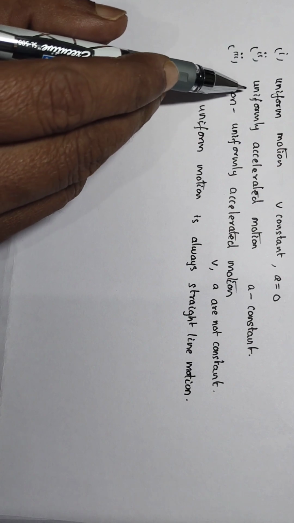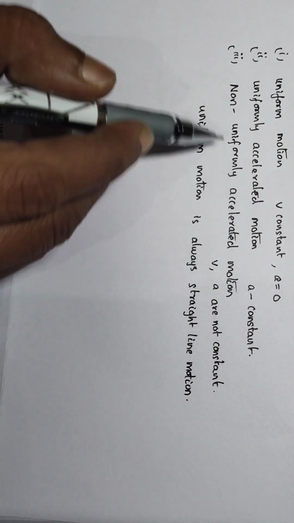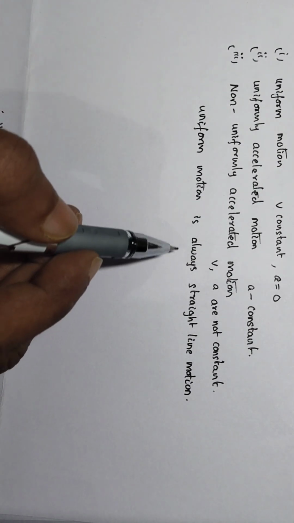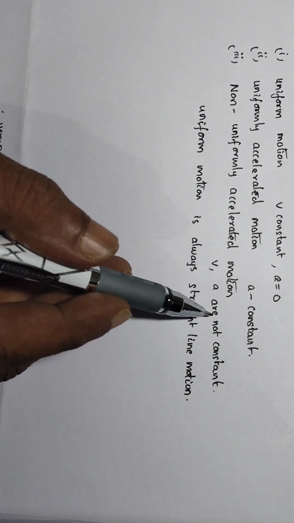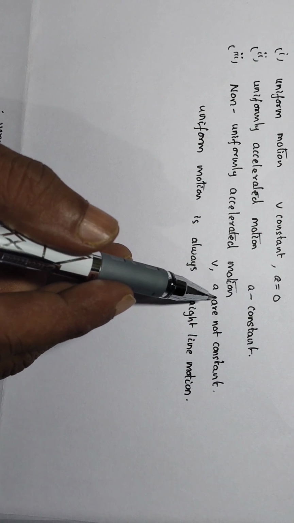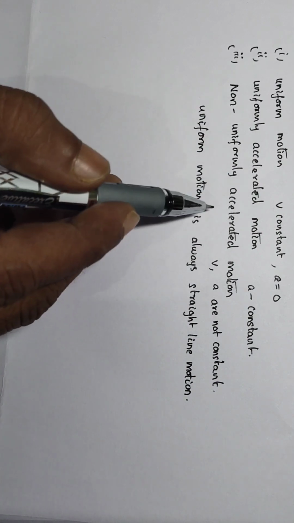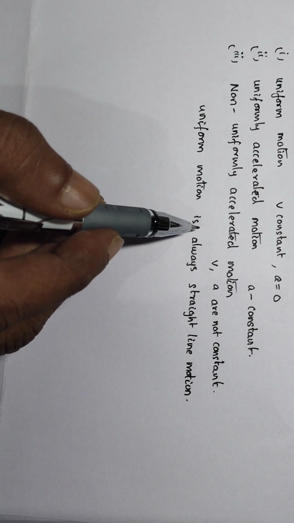But it is not necessary that uniformly accelerated motion or non-uniformly accelerated motion is always in a straight line. It may sometimes be in a plane, and it may sometimes be in space also. So these are the key concepts for the classification of motion.